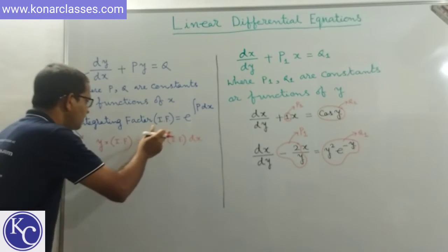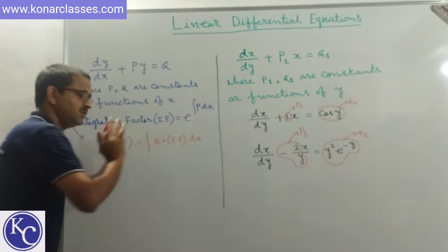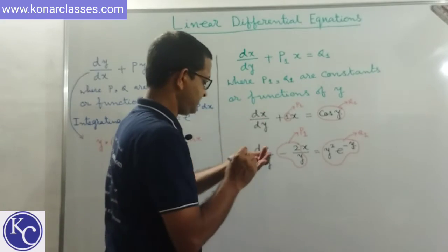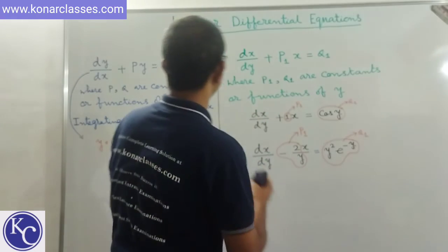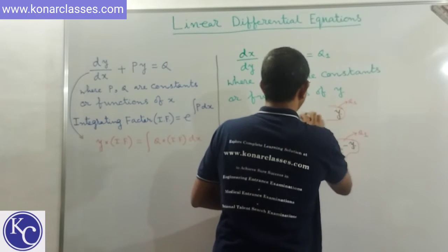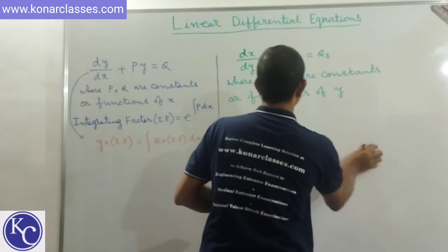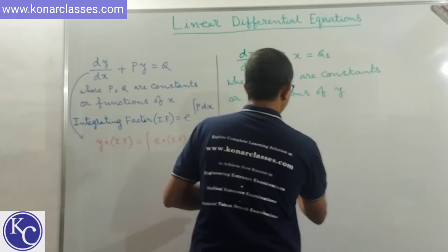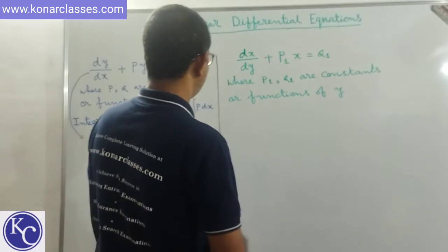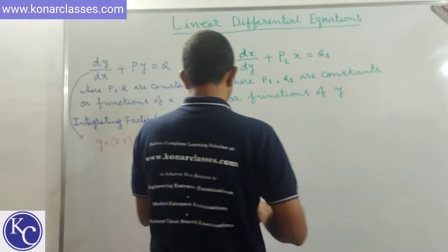Now, depending on the value of q, we need to solve this one. We will see one example, correct? In a similar manner, if you have an equation something like dx/dy plus p1 x equal to q1, where p1 and q1 are either constants or functions of y only, how to solve this one?